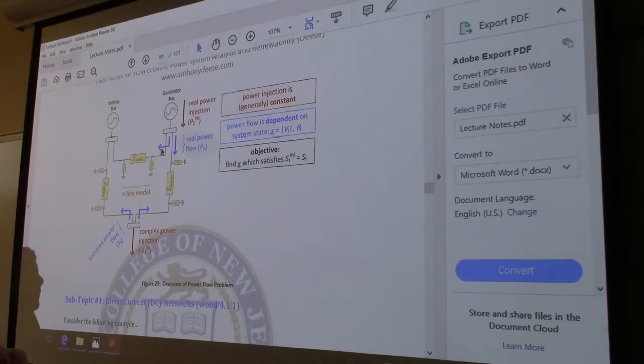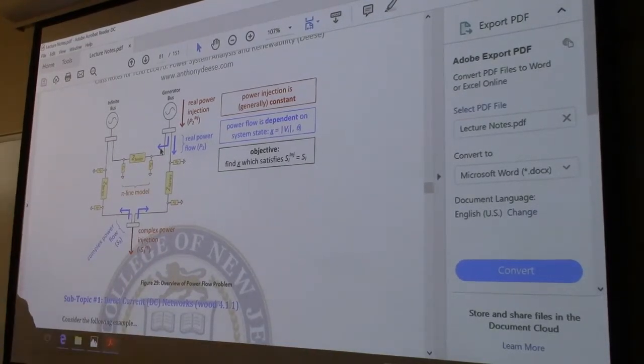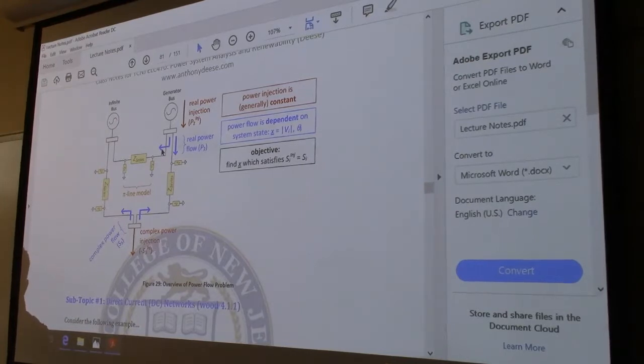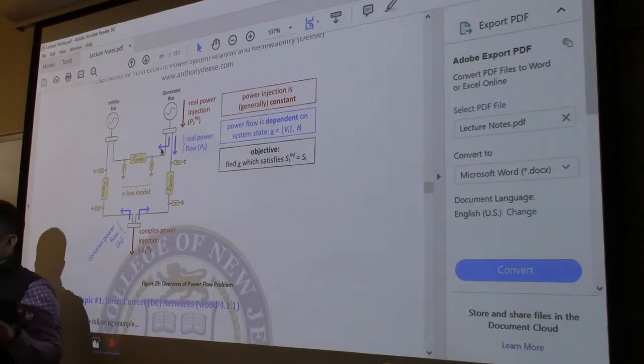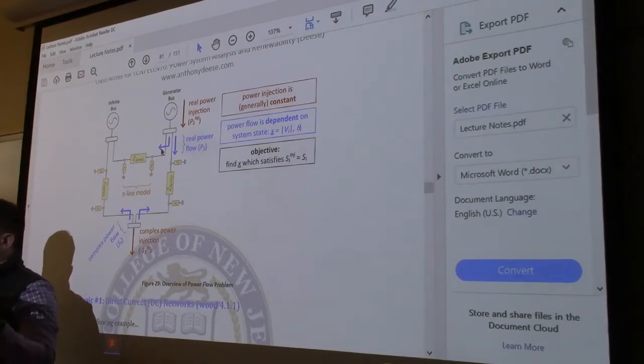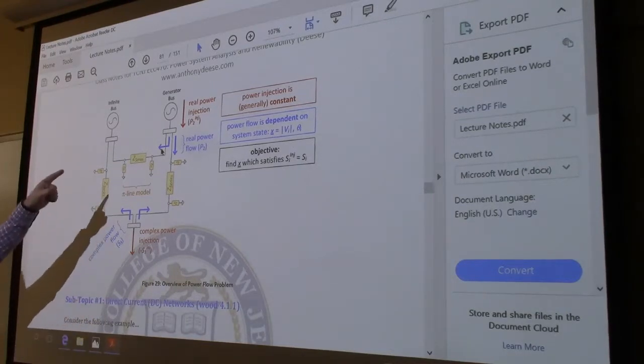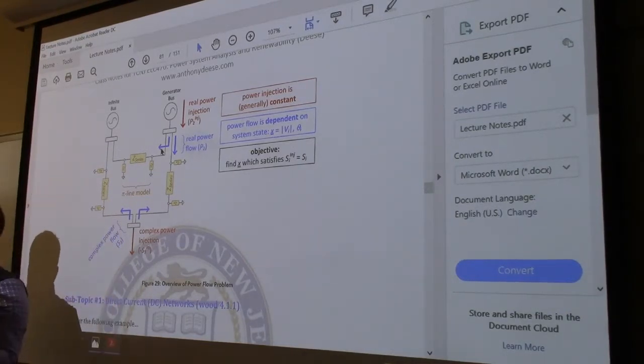All right? Then our generator bus, we're not going to be using the model that we derived in chapter 9. We're going to be using a simpler model. And we're going to be using simpler models for pretty much all the components because of the system size getting larger. For a generator bus, another word for that, we're going to call it a PV bus. Okay?